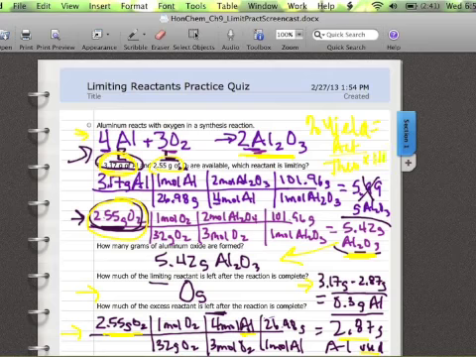The actual would be given in the problem. This number down here, the one that you calculated, is your theoretical yield. So that's the number that would go on the bottom. The actual yield would be the one given in the problem, saying this is how much you actually produced, and then you ask what was your percent yield. So you're comparing that to your theoretical yield, which you calculated, times 100 to give you your percent.